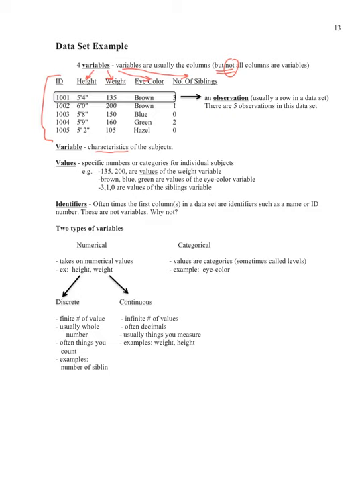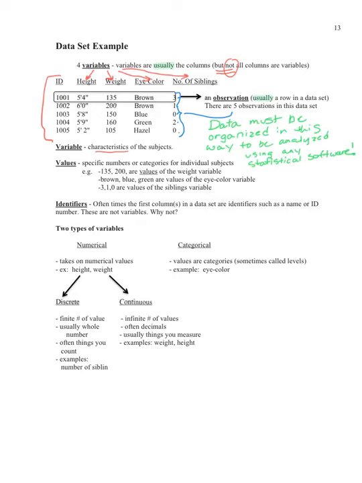An observation is usually a row in a data set. And so here we have 5 observations. Before we go on, I want to make a note about my use of the word usually here.